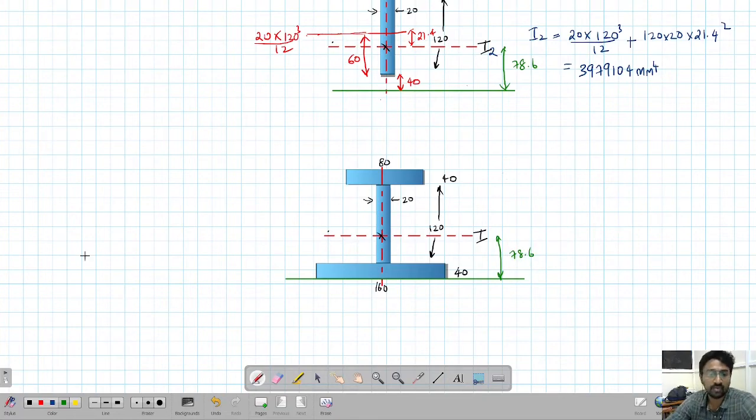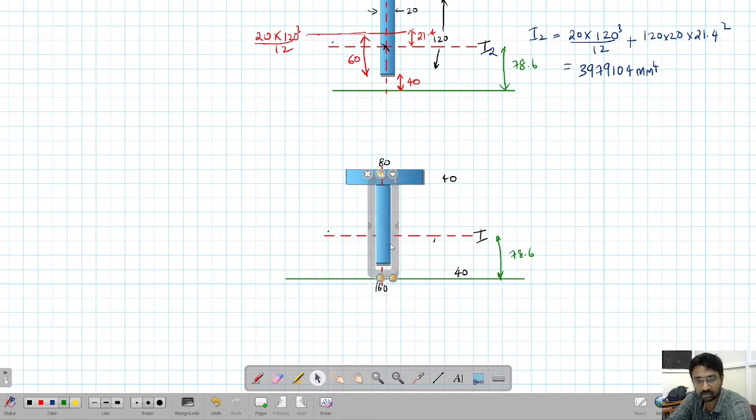Now this we don't know. This dimension is not required. This section is not required. These dimensions are also not required.